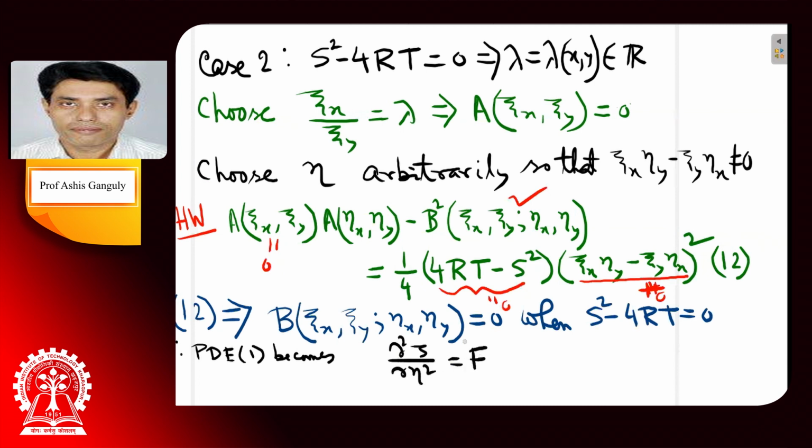I am not writing the arguments of it, you know that. So this is parabolic. So you see, for this case, we have now proved s square minus 4rt equal to 0 corresponds to parabolic PDE.